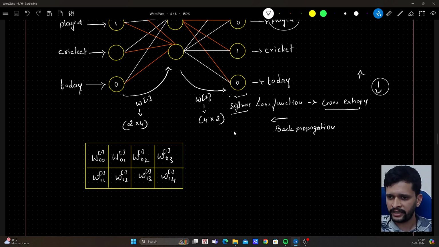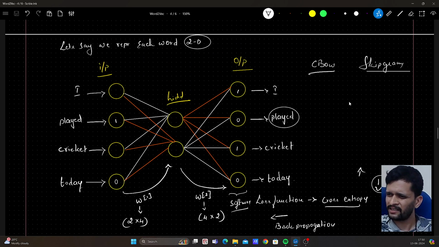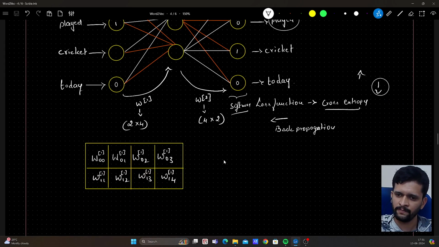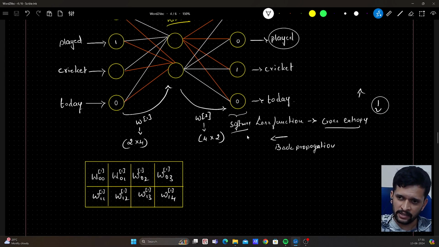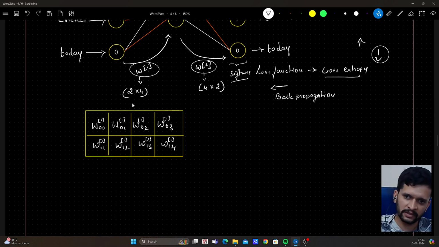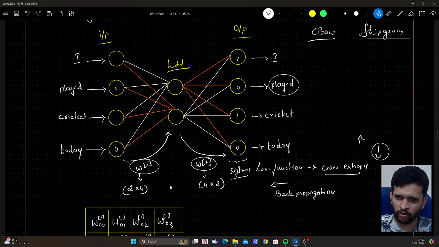Now let's say we have trained our model either with CBOW or Skipgram and we are satisfied with the output that I am getting by supplying the words. Once the training is completed, I will have my weight matrix separated for layer 1 and layer 2. For layer 1 in this particular neural network architecture, the size of the weight matrix will be 2 cross 4.